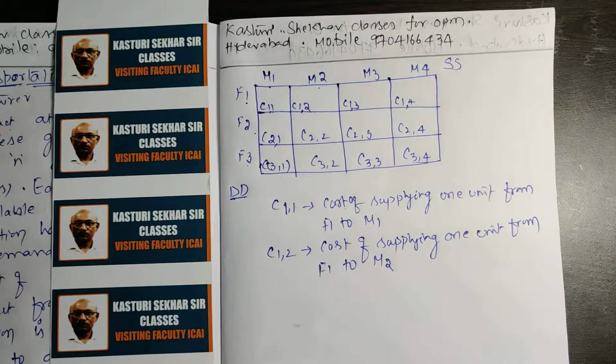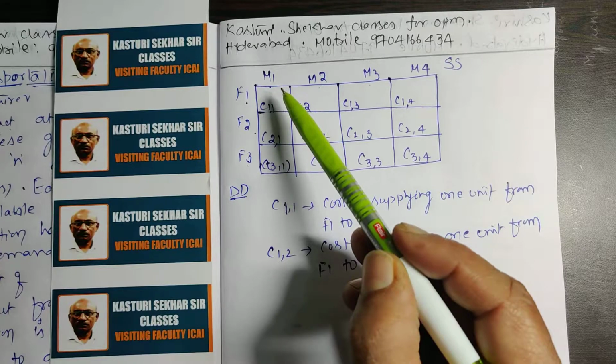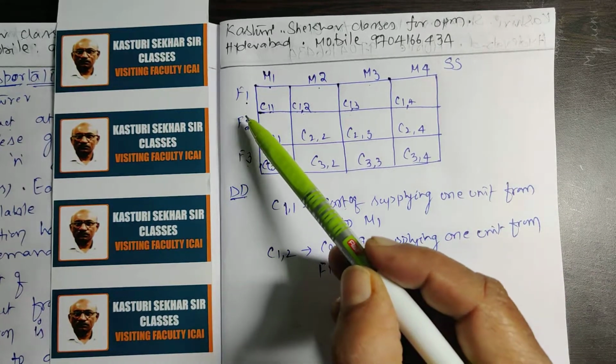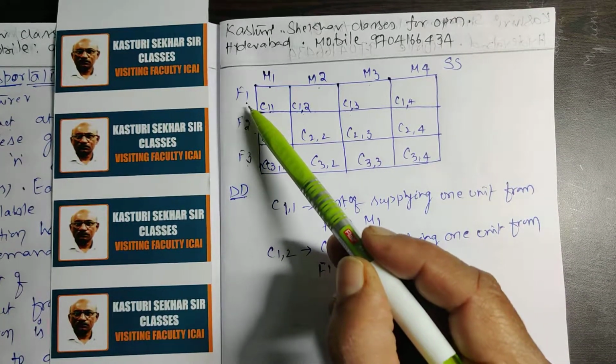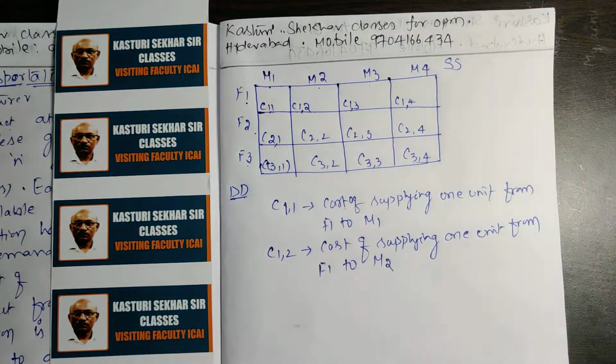Again I am repeating, sir. What is required in the question? We have to prepare a schedule. What is the schedule? In which way I have to supply the goods from these factories to these markets, in order to minimize the total transportation cost.